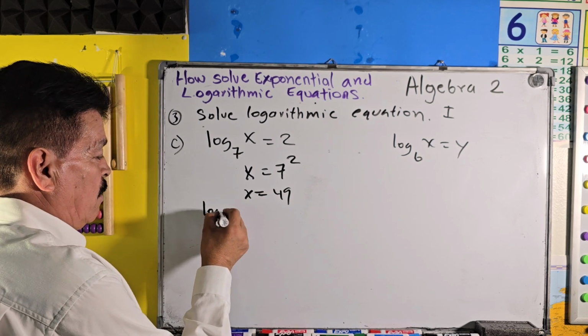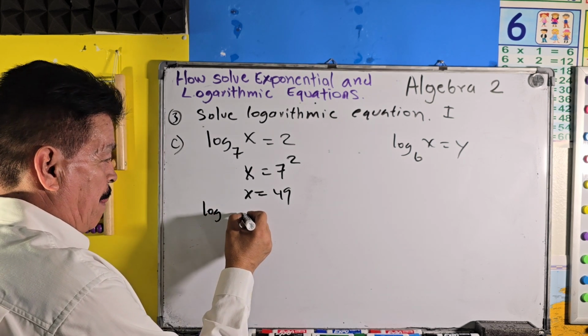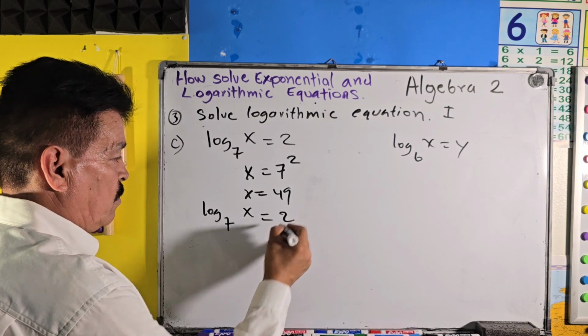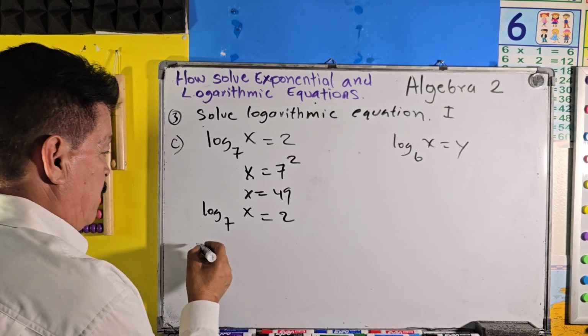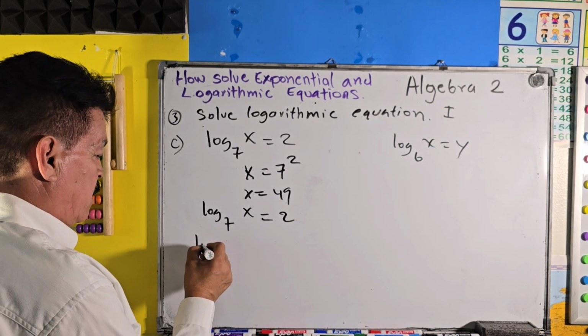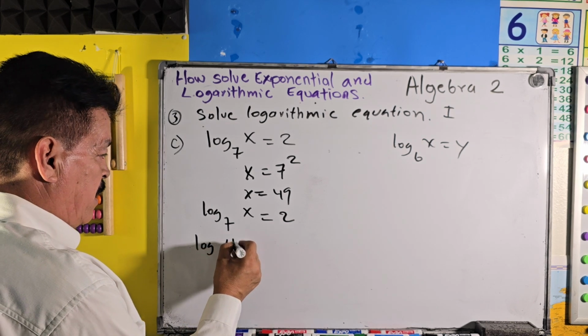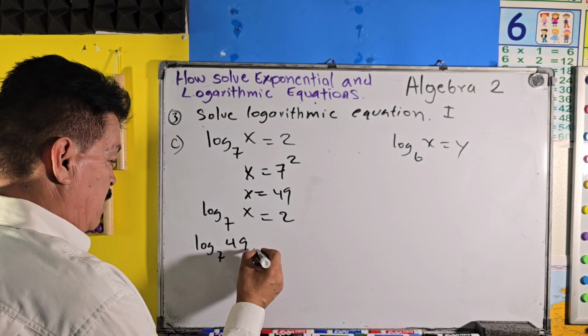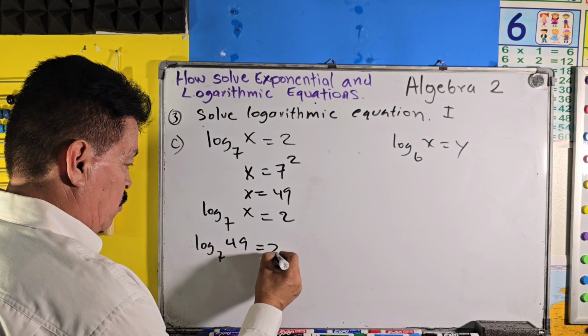So the logarithm of x with the base 7 is equal to 2. That's it. Therefore log 49 with the base 7 equals 2.